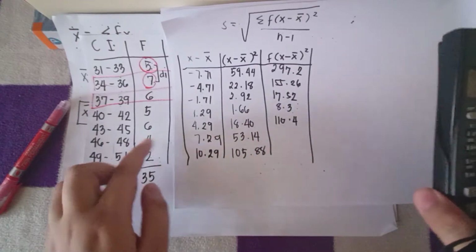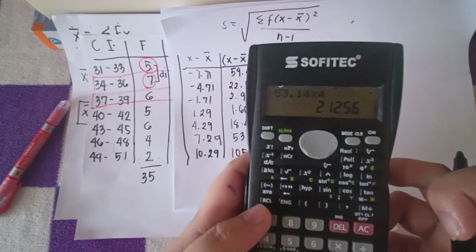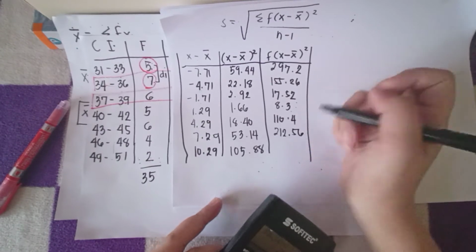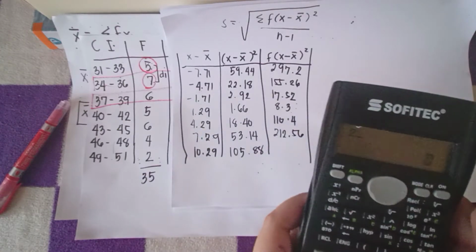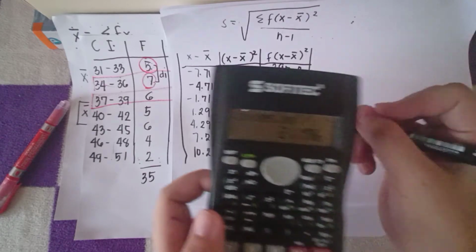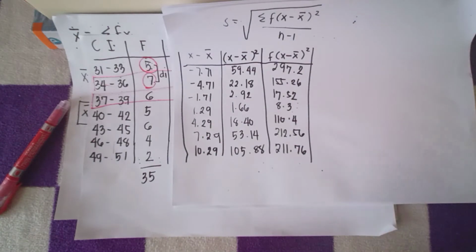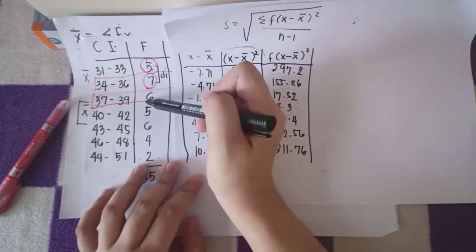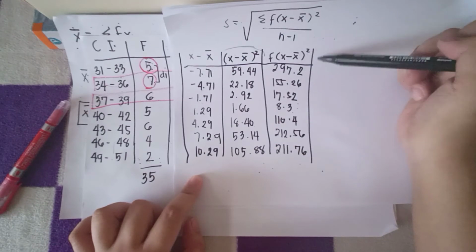Next, 53.14 times 4, 212.56. And then lastly, 2 times 105.88 is 211.76. So, i-multiply nyo lang po yung nakuha nyo dito sa kanilang mga frequency, para po makuha itong f times x minus mean squared.